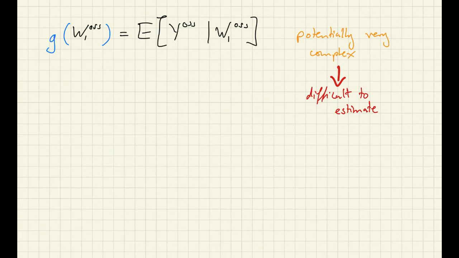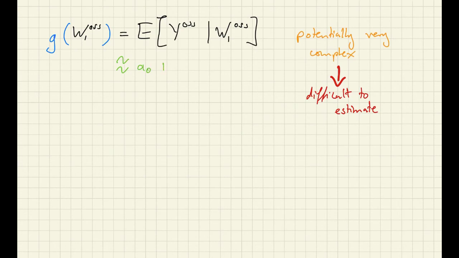So we may instead just try not to use the actual g function, but an approximation of the g function. So we could go like, hey, instead of the conditional expectation, we're using an approximation of the conditional expectation that is linear. So something like this.